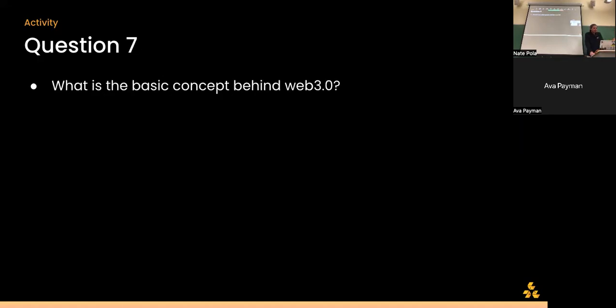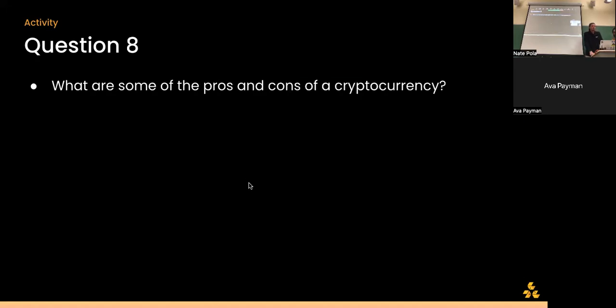What is the basic concept behind Web3? Everything on the blockchain. We didn't talk about that. What was in that last section? What are one pro and one con of cryptocurrency? Someone who's not answered one yet, who might want to. One pro, one con.